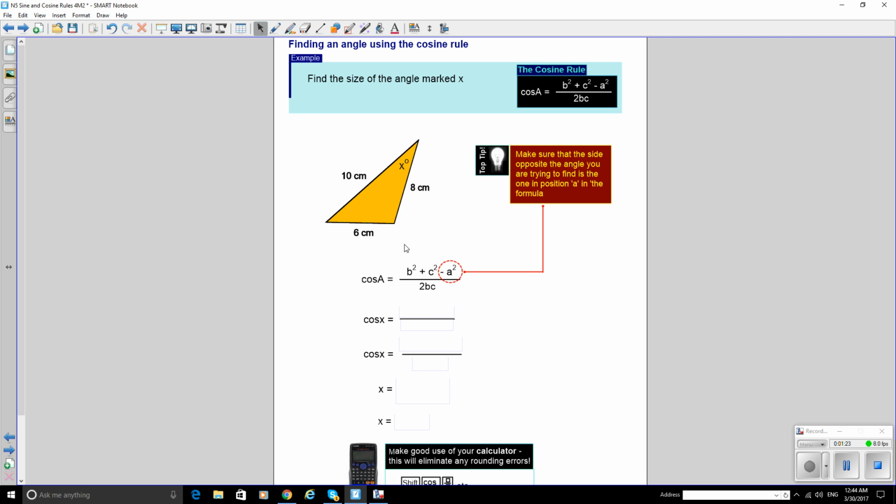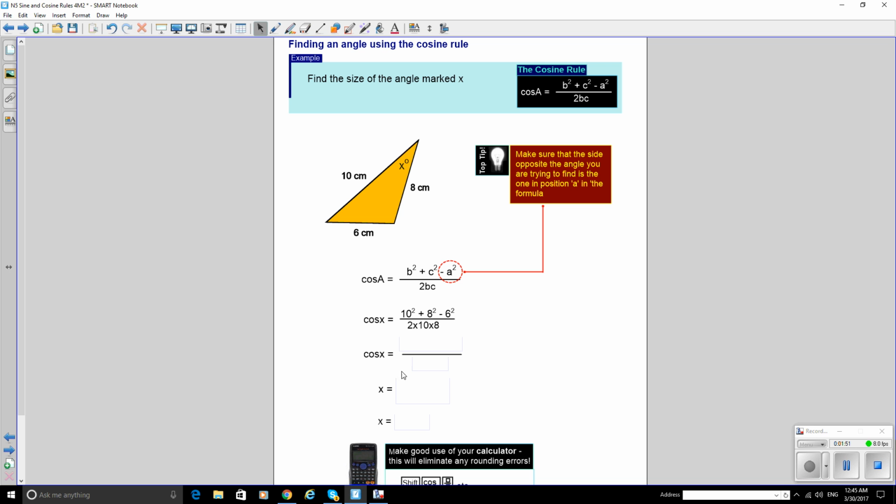So when we substitute in our numbers, on the top we get 10 squared plus 8 squared, take away 6 squared. On the bottom it's just 2bc, so again, it doesn't matter what b and c are as long as we don't have the 6 in there, because it's corresponding to letter A. So on the bottom we have 2 times 10 times 8.